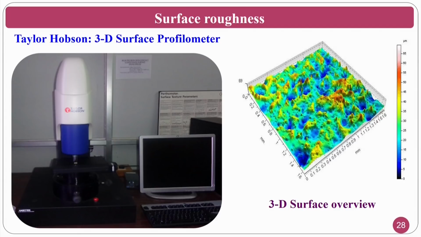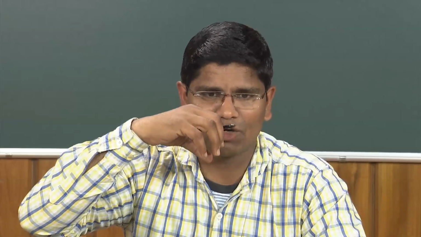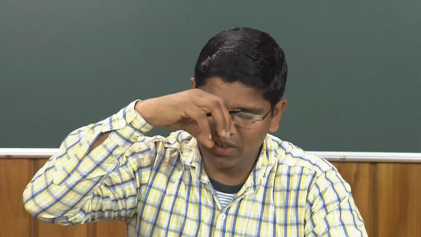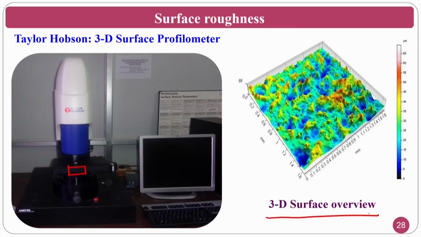You can see the Taylor Hobson, where you can keep your workpiece and it works on the interferometry principle. It uses a white light interferometry method, and it will give you the 3D view of the surface roughness.